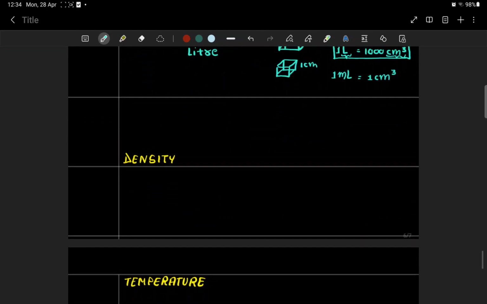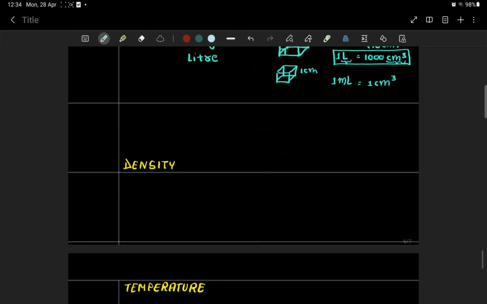This is important to know because when we talk about density, it is the amount of mass per unit volume.